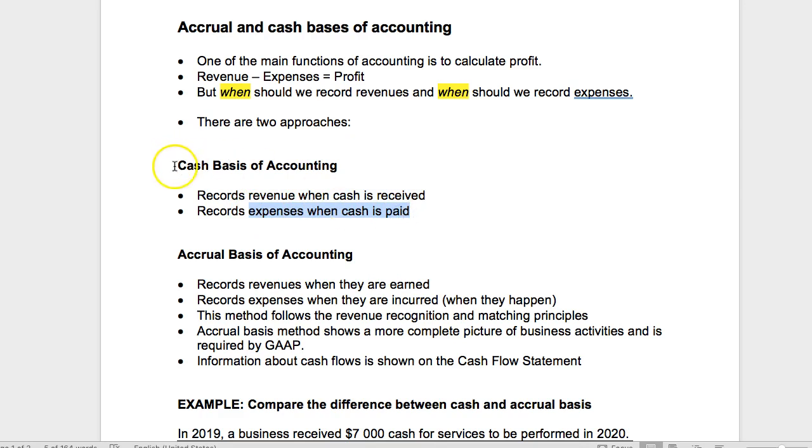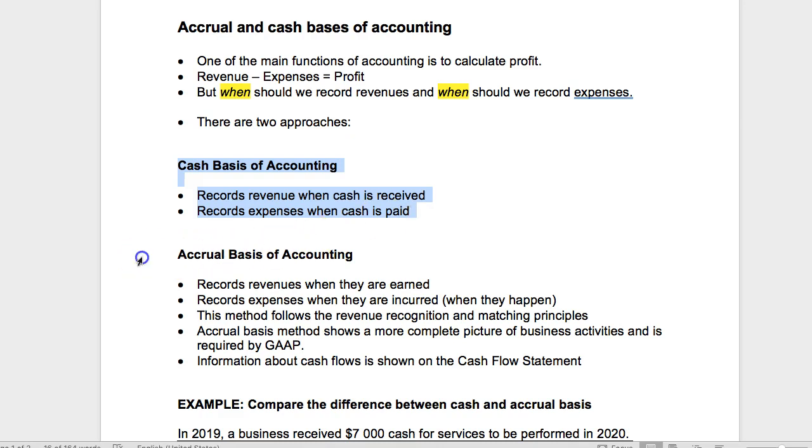So this would be the kind of method that a small business would use. A small business may be with one owner and the owner's running the business themselves. Anytime they receive cash from the customer, they record that as revenue, and anytime they pay cash, they'll record that as an expense. So for a small business, this is okay.